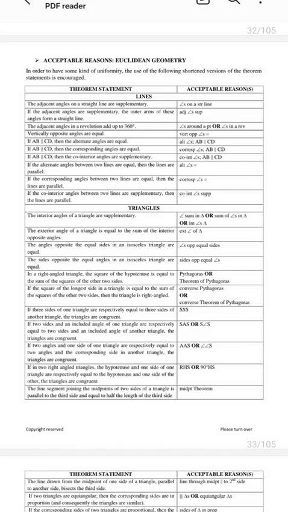That's what the first statement with regards to parallel lines says. Let's look at the second statement. It says, if AB is parallel to CD, then the corresponding angles are equal.